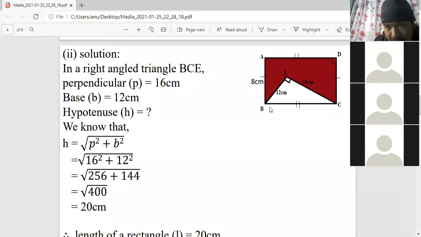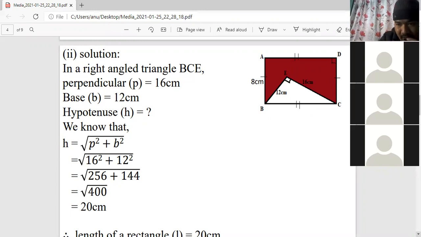Base you can take 12 and height 16. Then the area of this triangle will come. That is A2, the not shaded one. Then from the big one, A1, the rectangle's area, if you subtract the area of this triangle, then you will get the shaded region.